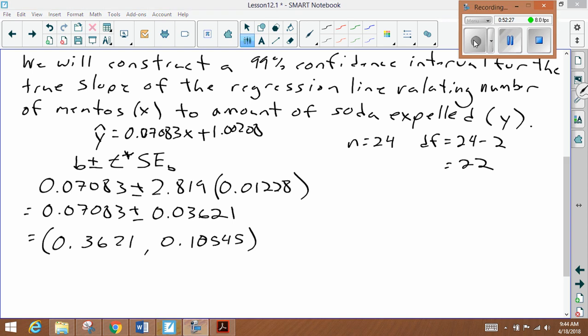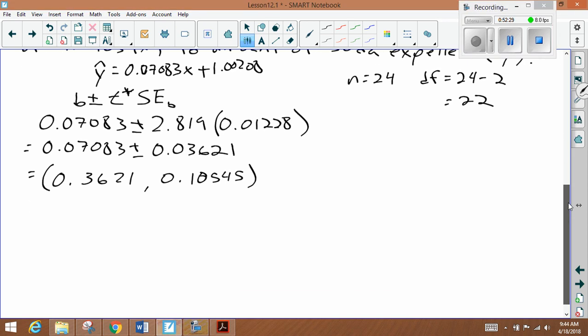So there's our interval. So let's interpret it in context. And again, lots and lots of writing.